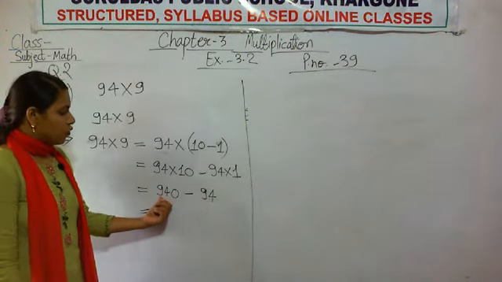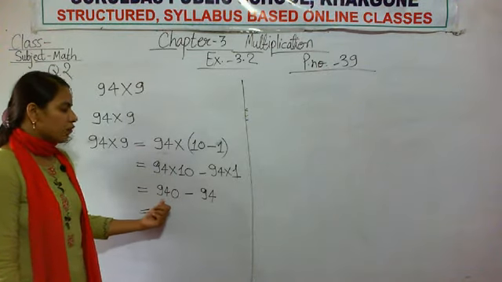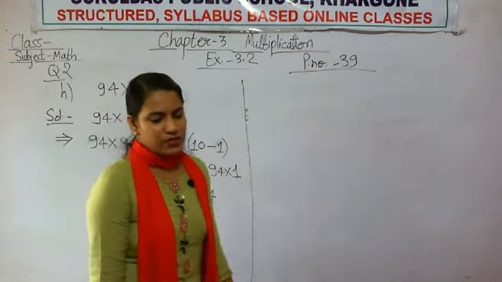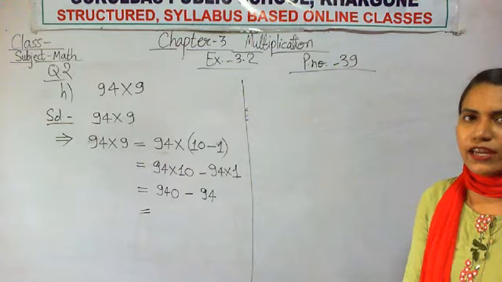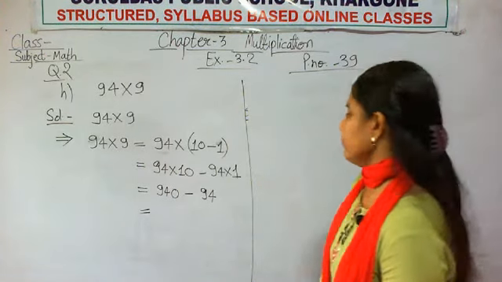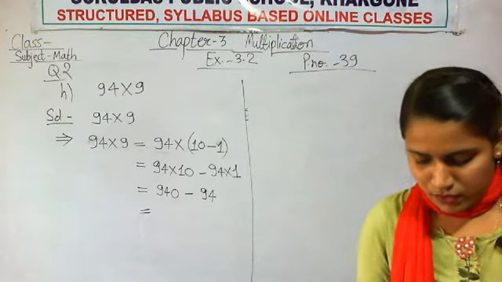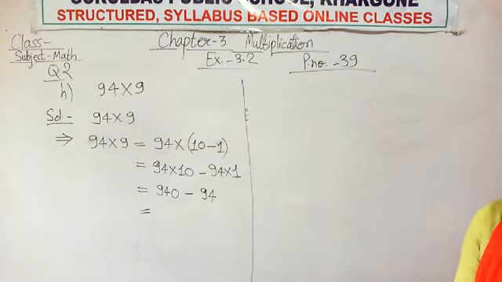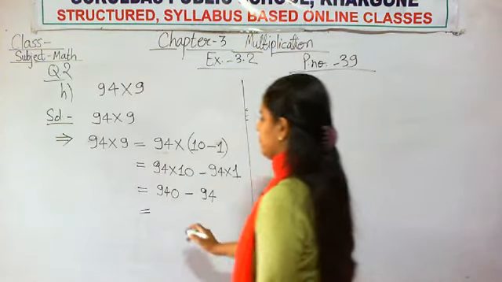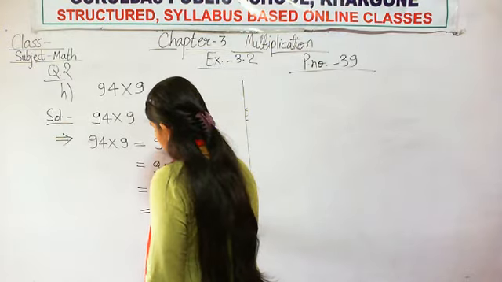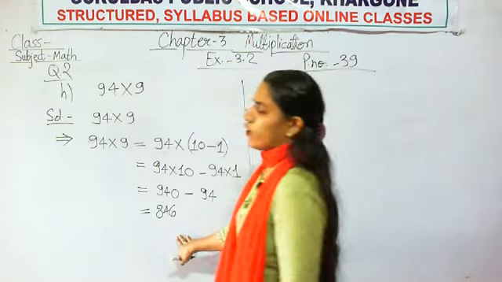So subtract 94 from 940 and give me the answer. What answer are you getting? My answer is 846. I hope you got the same answer.